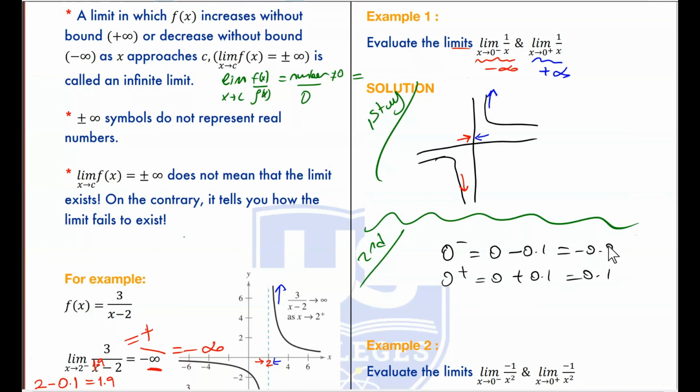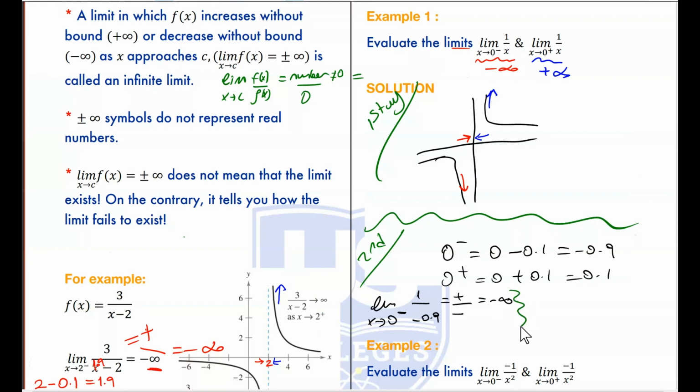So you substitute those numbers for x in the function. So for the left side, the limit as x approaches 0 from the left of 1 over, in place of x, you will write negative 0.1. So the sign of the top is positive, the sign of the bottom is negative, positive over negative is negative. So this is the sign of the infinity, negative infinity.